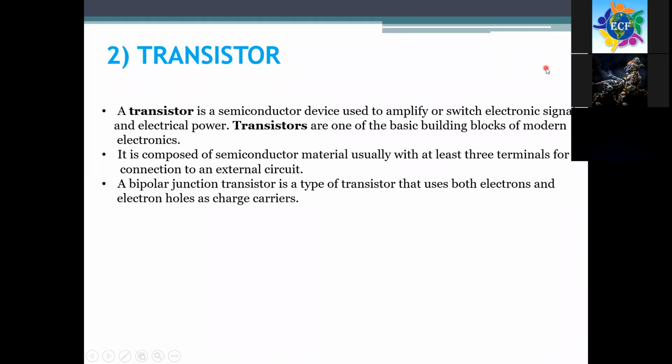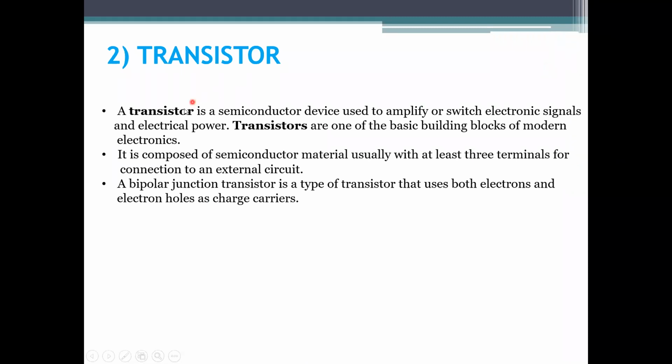The next is transistors. A transistor is a semiconductor device that is used to amplify or switch electronic signals and electrical power. Transistors are one of the basic building blocks of modern electronics. It is composed of semiconductor materials, usually with at least 3 terminals for connection to an external circuit.